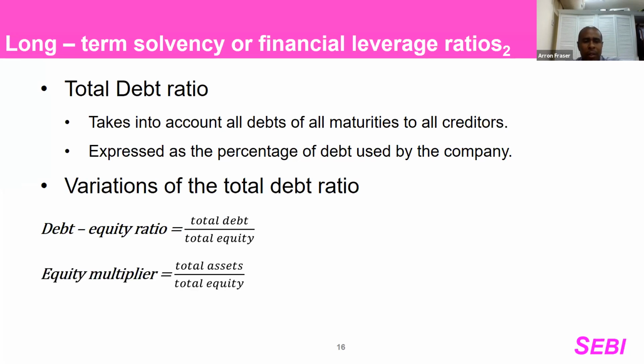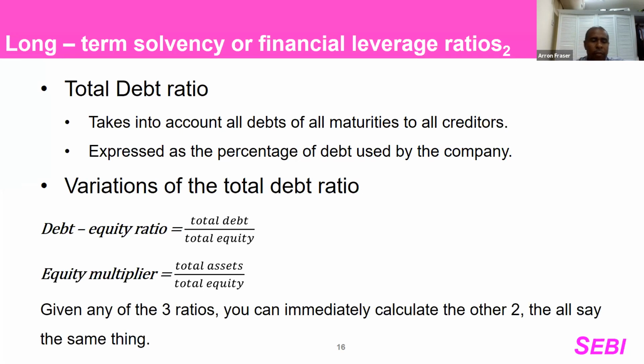Then you have the equity multiplier, which basically says for every dollar of equity invested, this is the amount of assets that you'll derive. And of course, if you have any of the three, you can immediately calculate the other two, and it essentially says the same thing, right?